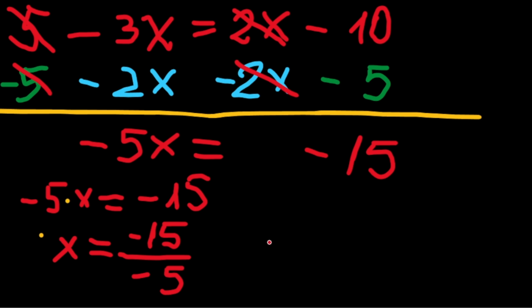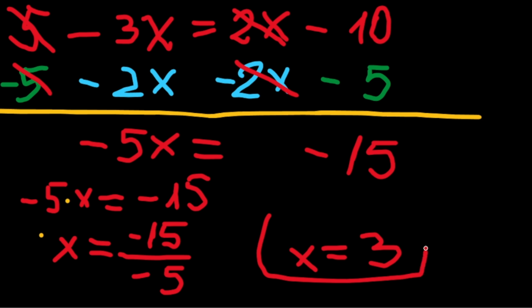When we divide or multiply, minus with minus makes plus. 15 divided by 5 is going to be 3. So the solution is x equals 3.